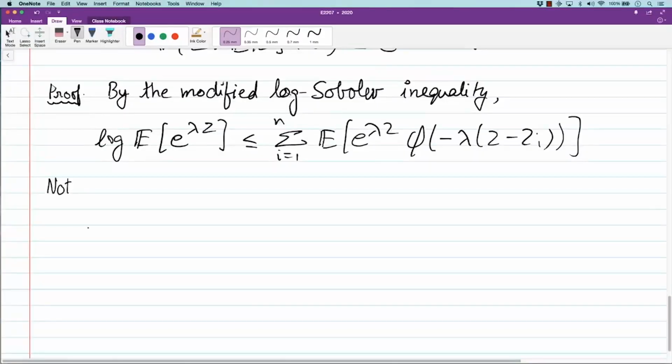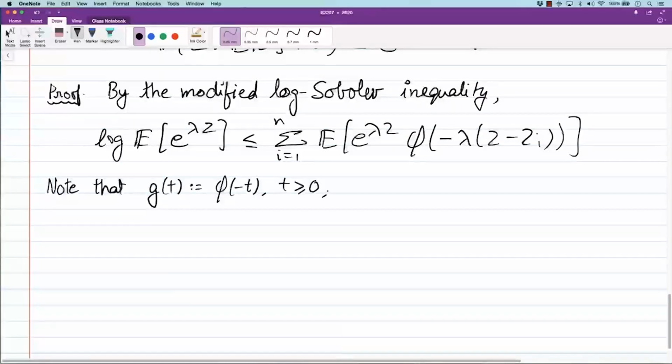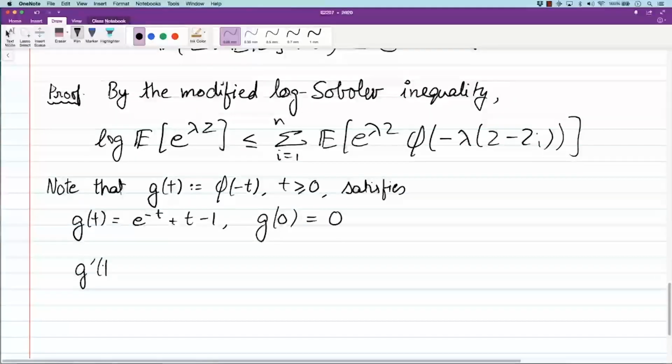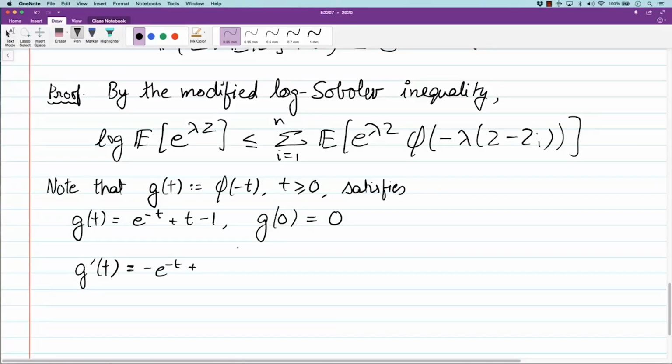Now note that the function g(t) defined as phi of minus t, for t greater than or equal to 0, satisfies the following. So let's see, g(t) is e to the power minus t plus t minus 1. So g(0) is 1 minus 1, that is 0. g prime of t is minus e to the power minus t plus 1, so g prime of 0 is also 0.